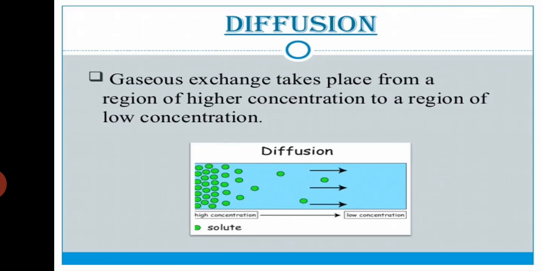Similarly, when the concentration of carbon dioxide is more inside the cell and the concentration of carbon dioxide is low outside the cell, in that case the carbon dioxide will flow from inside the cell to the outside of the cell. किस प्रोसेस की हेल्प से? डिफ्यूजन की हेल्प से. So diffusion is the process of flow of molecules, ions or gases from a region of higher concentration to a region of lower concentration.